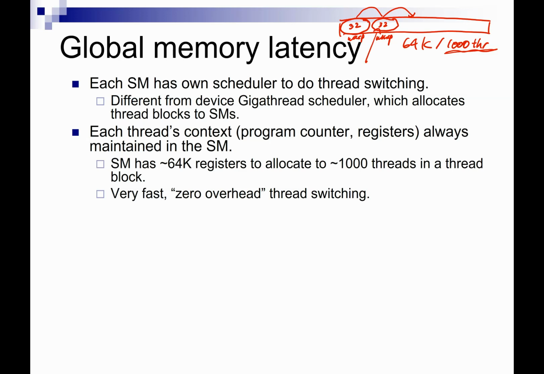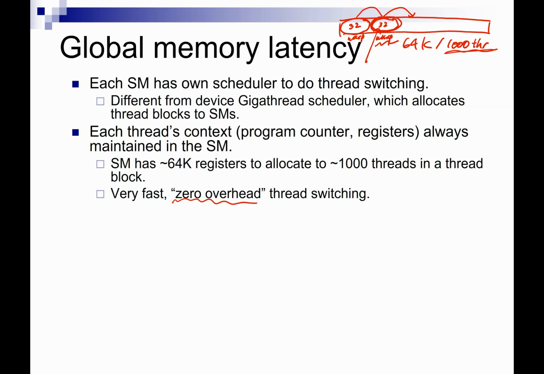Once you have this new set of registers, they define all of the state needed to run this warp, and so now we can start executing the next warp. This first of all incurs very little overhead, because all you need to do is switch this one pointer between different chunks of registers.